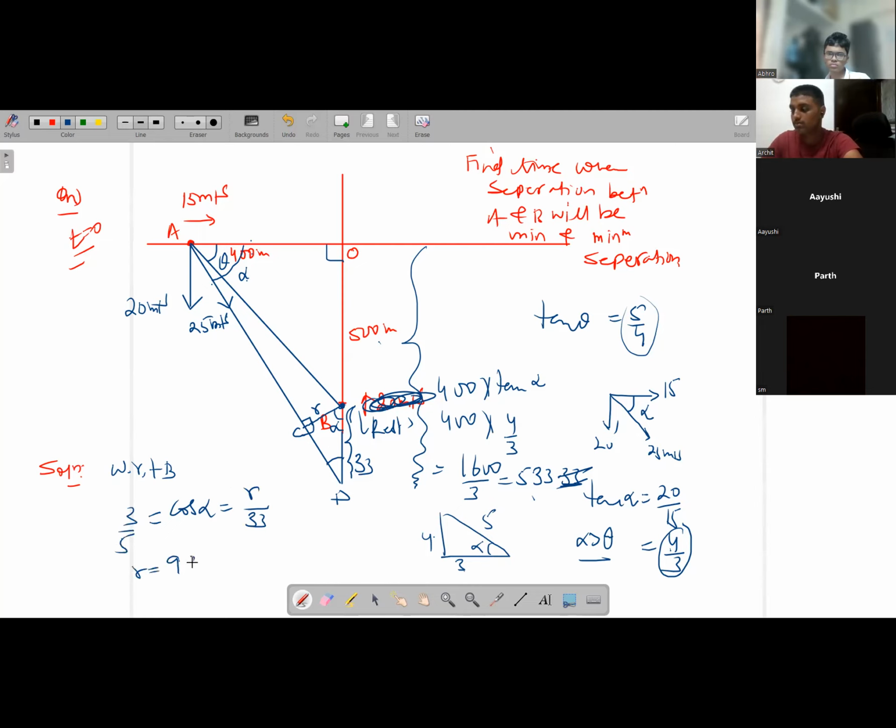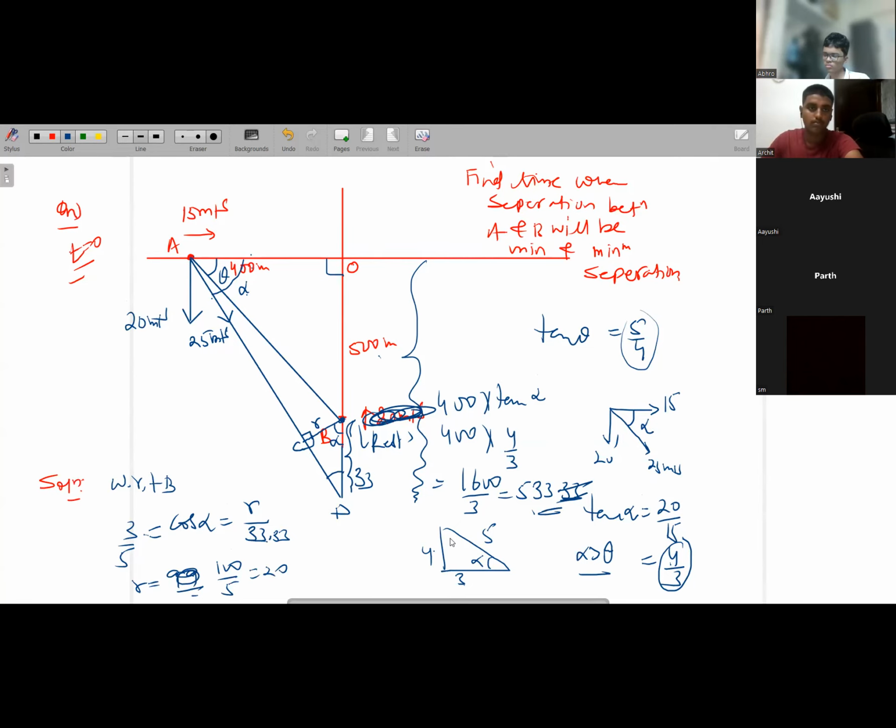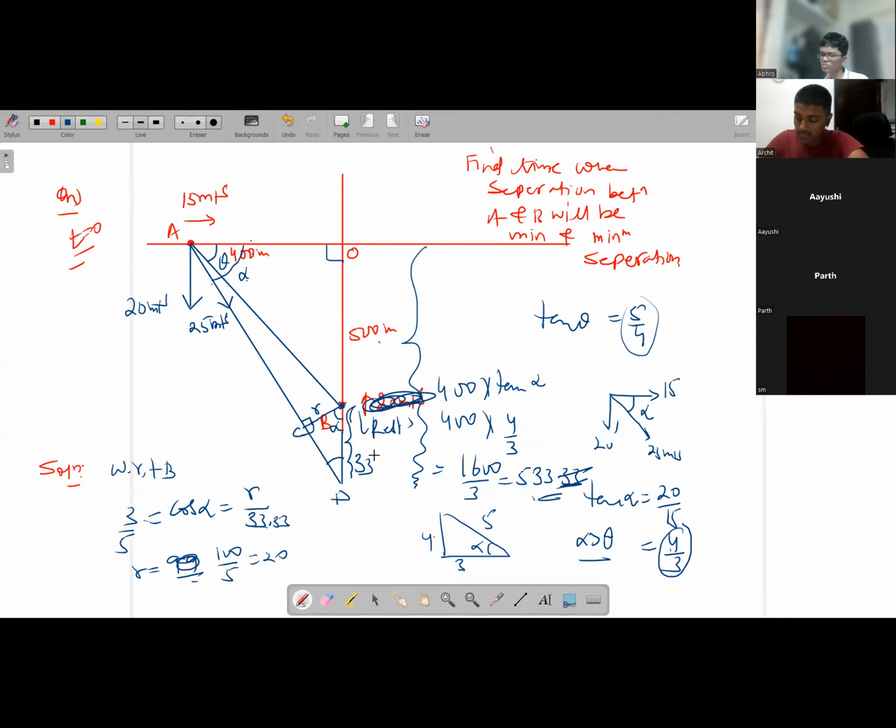So minimum separation will be 99 by 5, or if you take 33 as well, approximately 100 upon 5, that is 20 meter. All right. So minimum separation will be 20 meter. Now, note it down. First, you note it down till here.